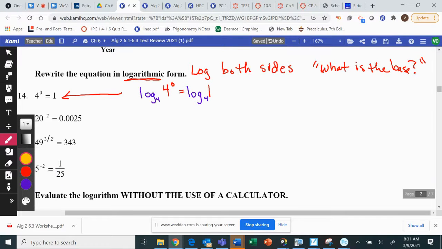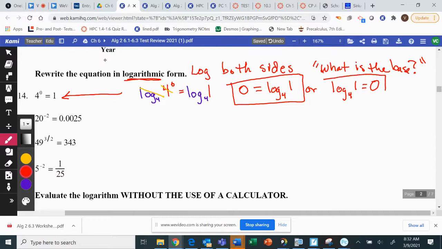Log base 4 cancels out the base of 4. And we get 0 equals log base 4 of 1. Or you can rewrite it as log base 4 of 1 equals 0. Either's fine. That's how we change it to logarithmic form. We just log both sides.